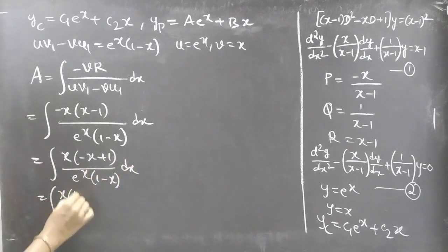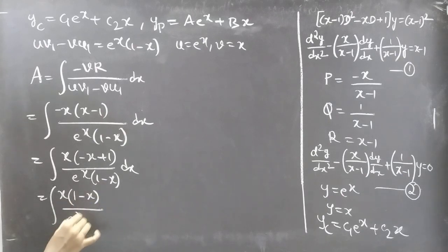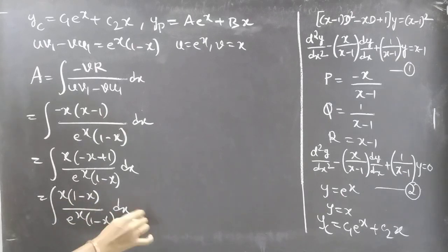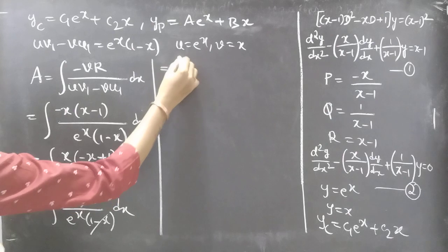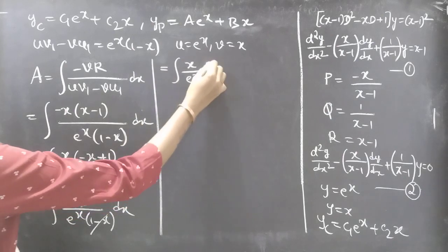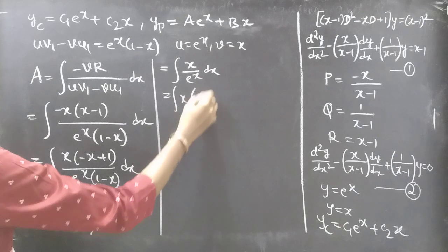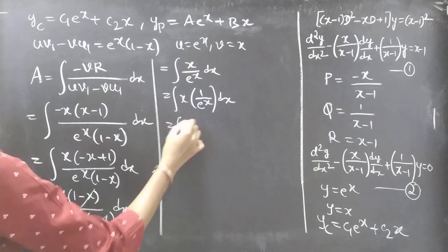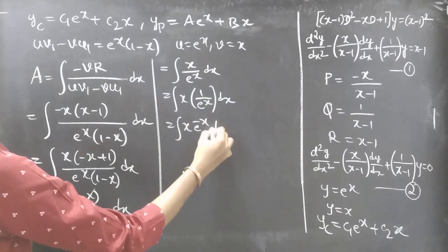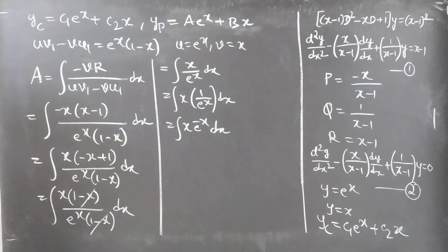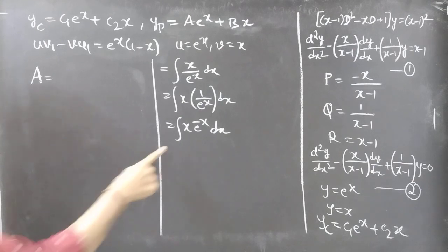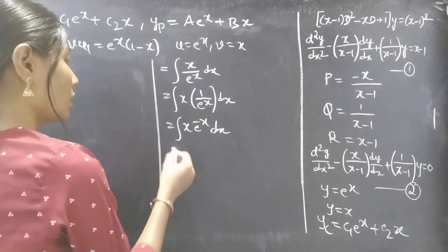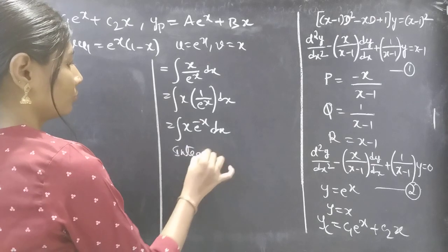So we'll write minus x plus 1 as 1 minus x. Now cancel 1 minus x from the numerator and the denominator. This equals integral of x by e power x into dx, right? We'll write x by e power x as x into 1 by e power x into dx, which equals integral of x into e power minus x into dx. Let's now find integral of x e power minus x dx using the integration by parts formula.